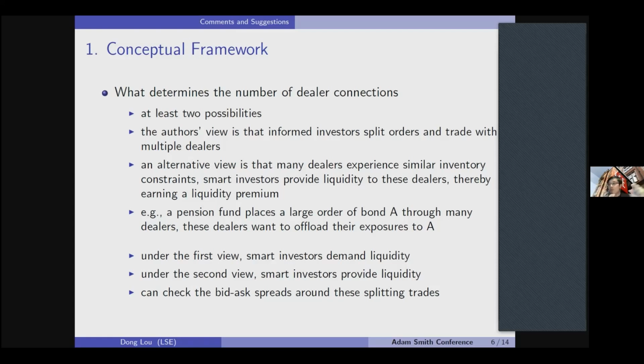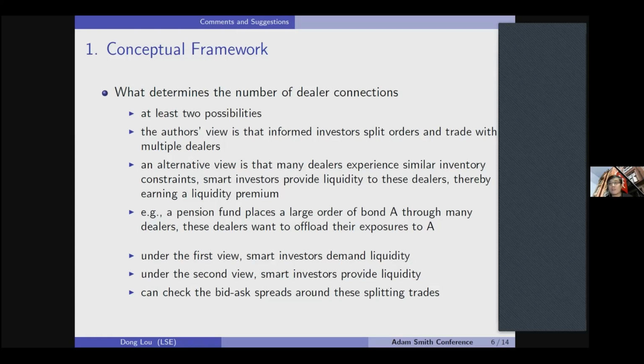Now, both views would generate the same return pattern, right? When you trade with more dealers, you're going to have better returns going forward. But under the first view, the smart investors are demanding liquidity. Now, in the second view, the smart investors are actually providing liquidity. Okay, and I think that's a pretty important distinction. One thing the authors can do is to check the liquidity situation around those informed trades, around those split trades, right?